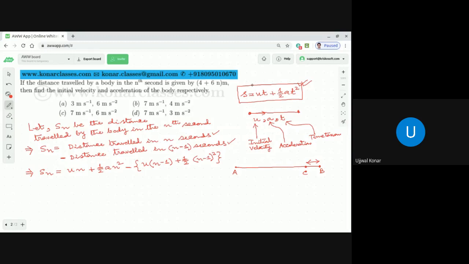You should apply t is equal to n, so that's u into n plus half into a n square. Then minus the distance traveled in n minus 1 seconds. Instead of t, you should write n minus 1, so that is u into n minus 1 plus half into a into n minus 1 whole square. Oh, okay, sir, I got it.